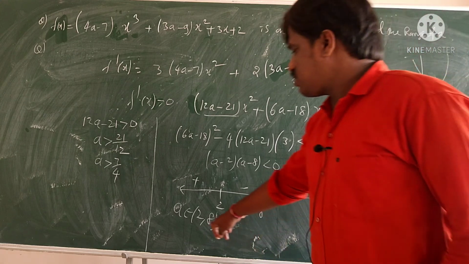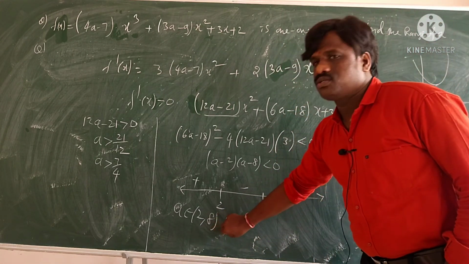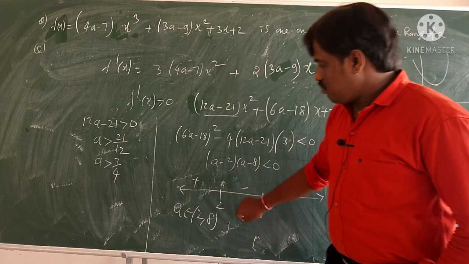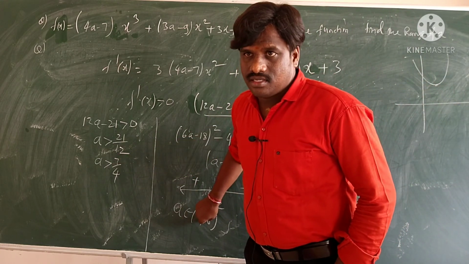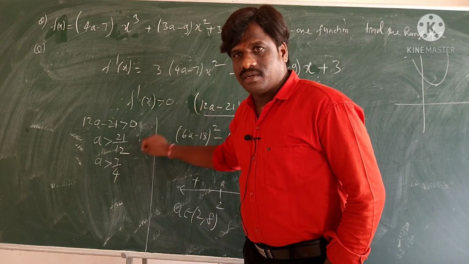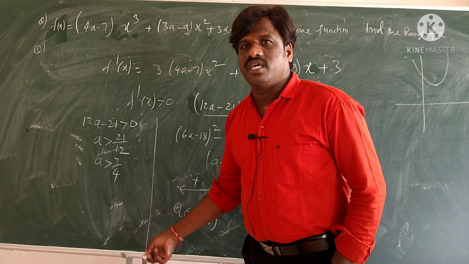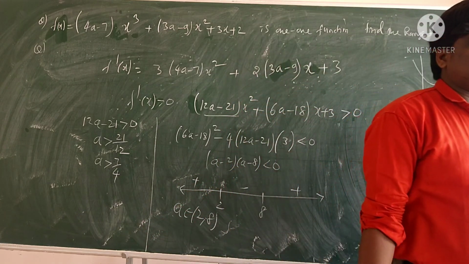So the answer is 2 comma 8, because the intersection of both is this. 1.75 to infinity, and here 2 to 8, so the intersection is 2 to 8. The range of a is 2 to 8.